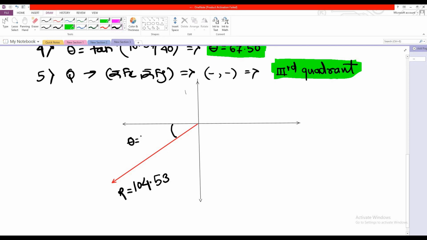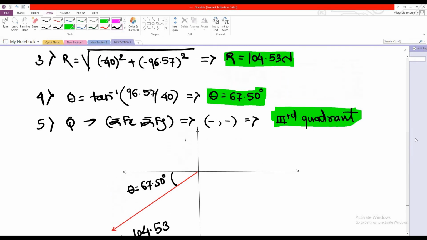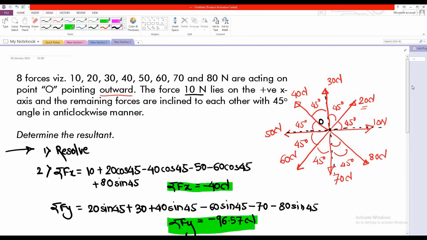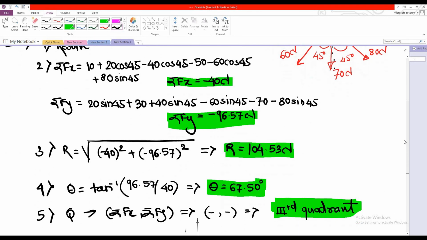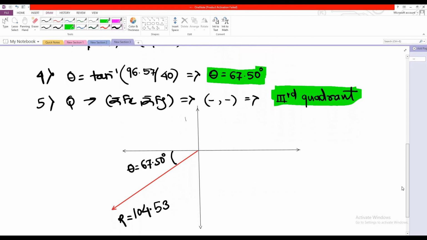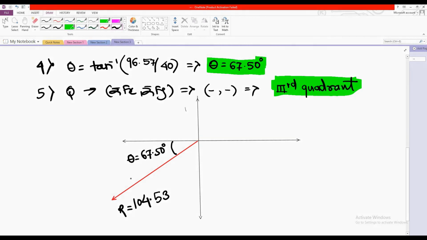It is 67.50 degree. Okay, so from the given statement we came to a conclusion of forces. Then from the given diagram we calculated the resultant. Okay, this is the final diagram, this is the final answer.